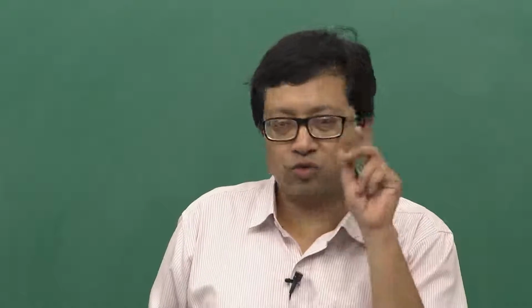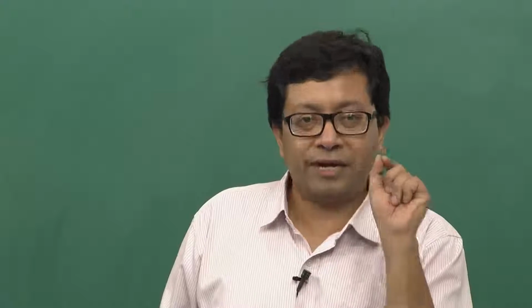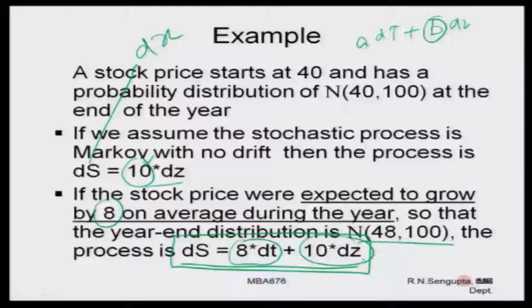So, if the time difference was 1, it would be σ into, say for example, a standard normal deviate coming out to be 0.292, so it would be σ into 0.292 into square root of 1. So, this is the second term on the right hand side.